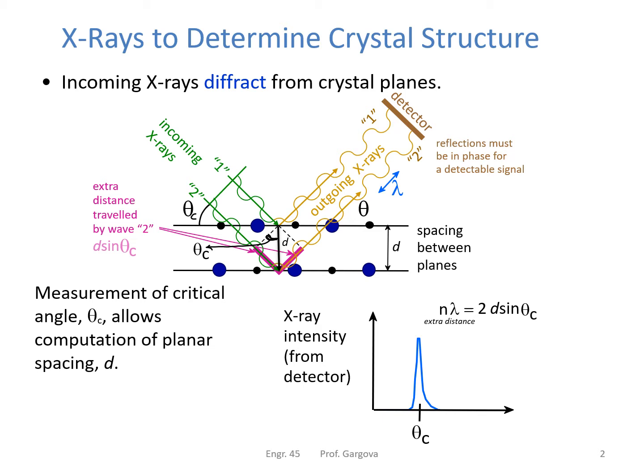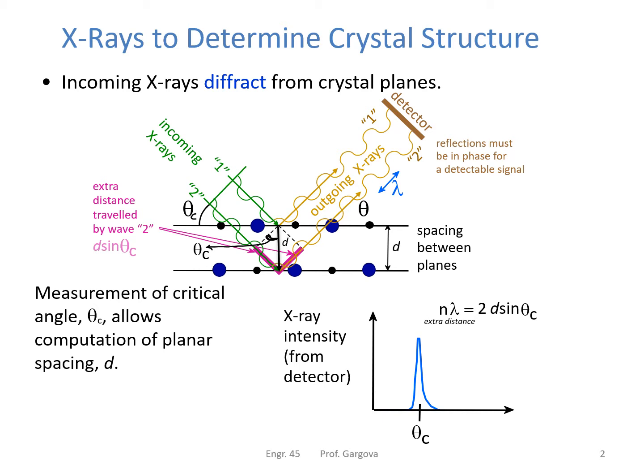But if there was a case where this extra length causes a shift in the waves, so that there's destructive interference, where instead of a peak meeting a peak and a trough meeting a trough at the same location for both X-ray 1 and X-ray 2, there's a trough where there's a peak, then that would cause interference and we would get basically no signal, and there would not be a corresponding peak at that theta c.